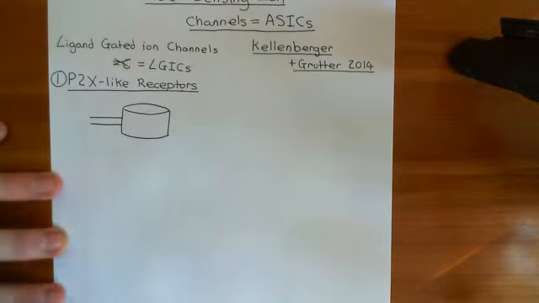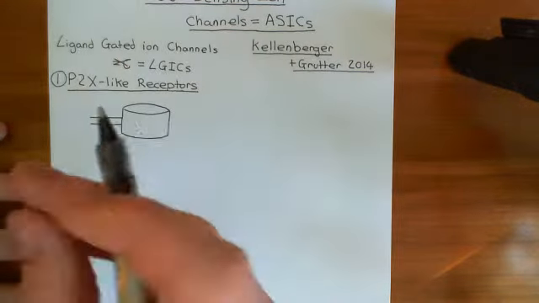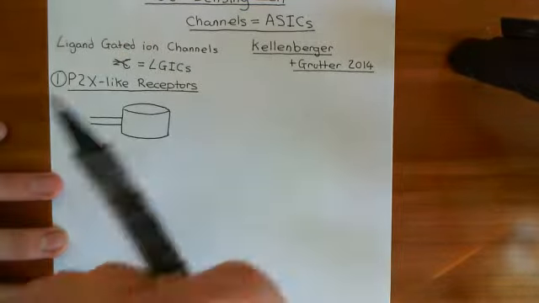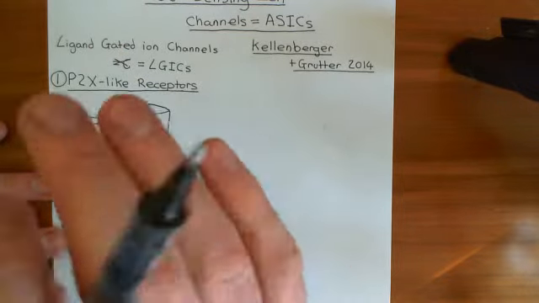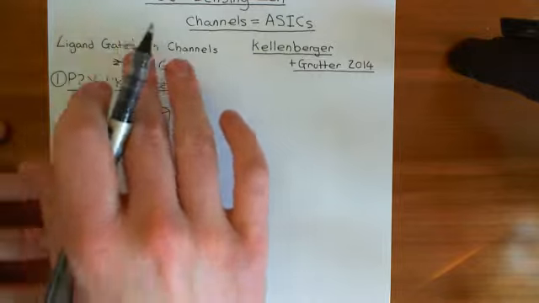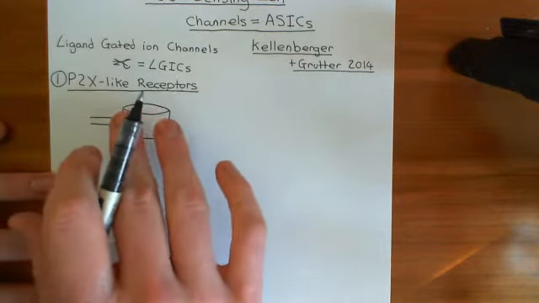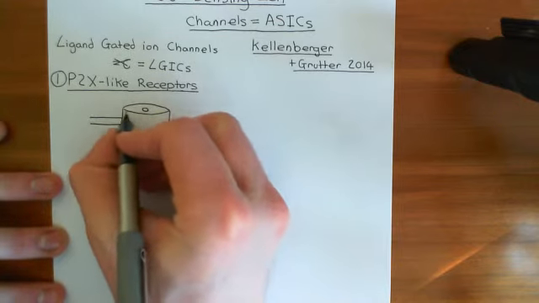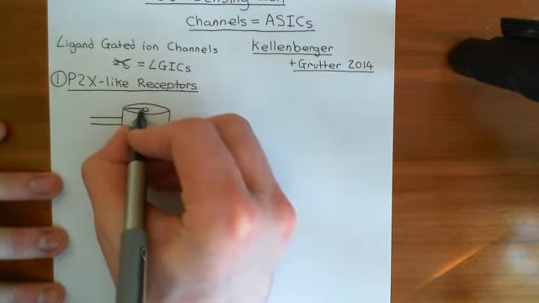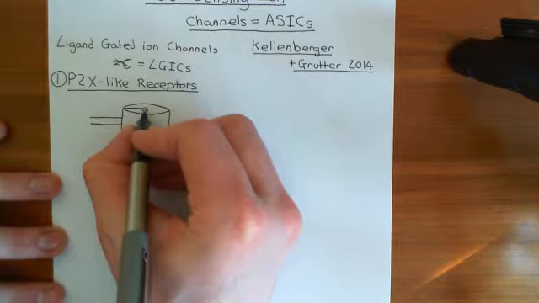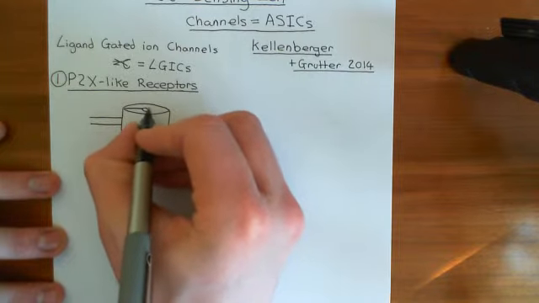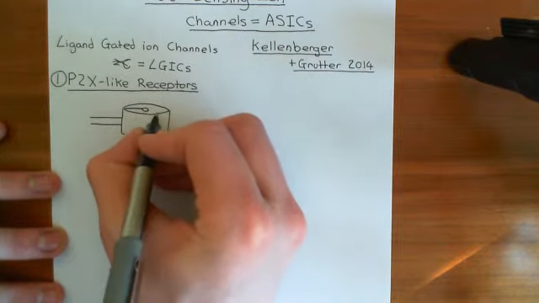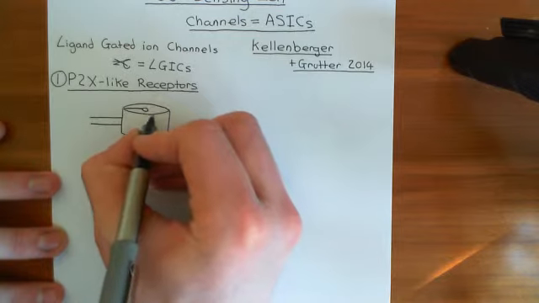But ligand-gated ion channels are one family of receptors, and a subfamily of them is this P2X-like receptor family. Basically this is the pore down the middle through which the ions will move. And these ion channels are not made out of a single protein.